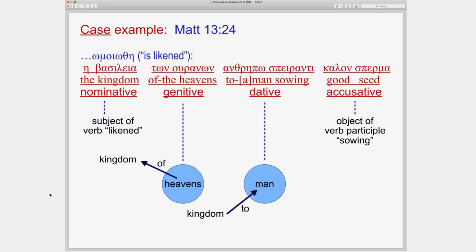To a man. Okay, notice the direction. Kingdom of the heavens, likened to a man sowing. Sowing is a participle. And then the object of the participle is good seed in the accusative case.